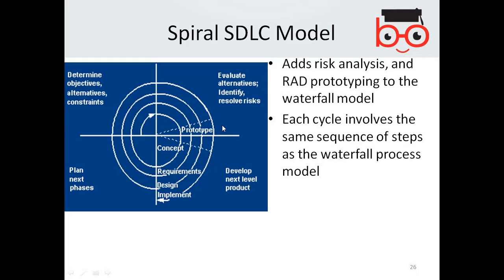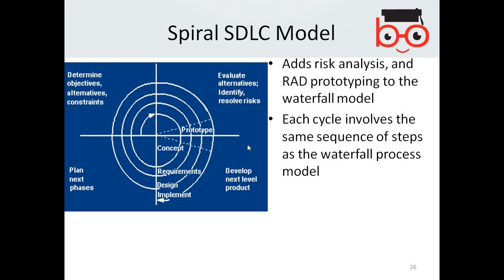And then in the next phase, you take the requirements, you analyze the risk, whether the implemented software is correct, whether it is on time and on schedule, and then you move further. So this process continues in this way. Did you study this spiral model before? So that's the logic behind that.